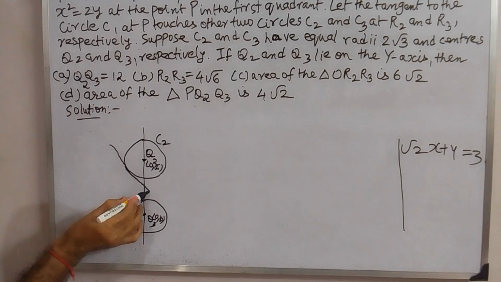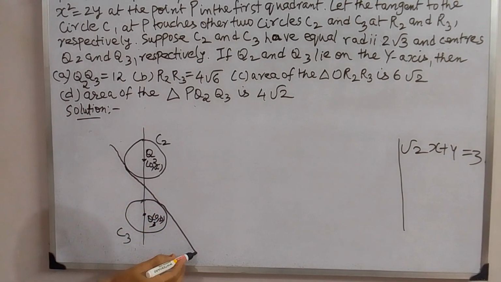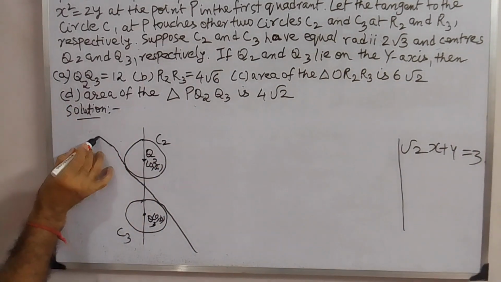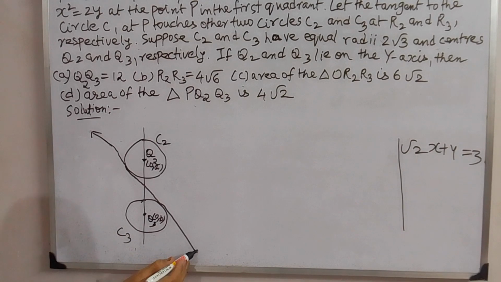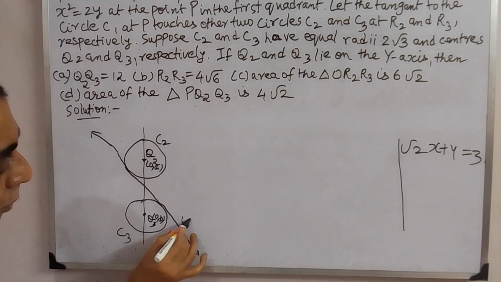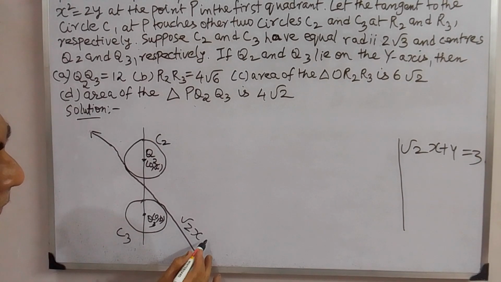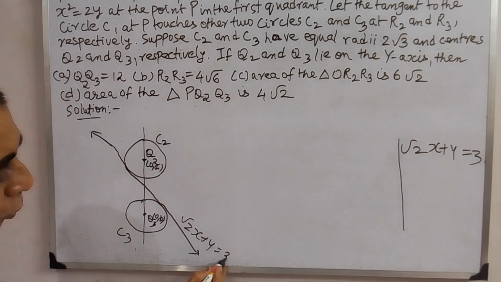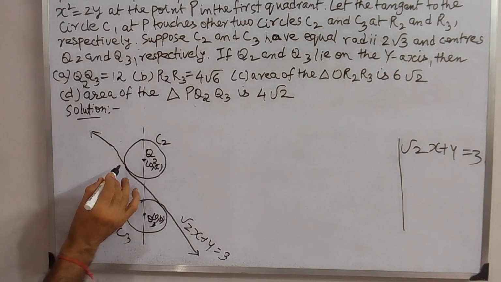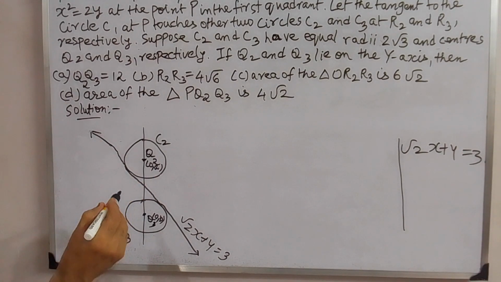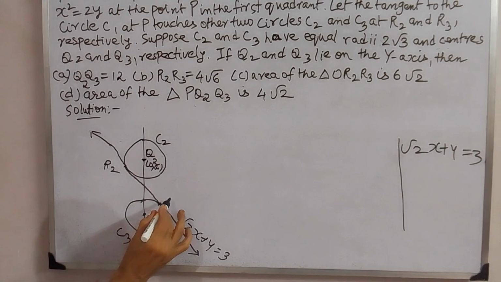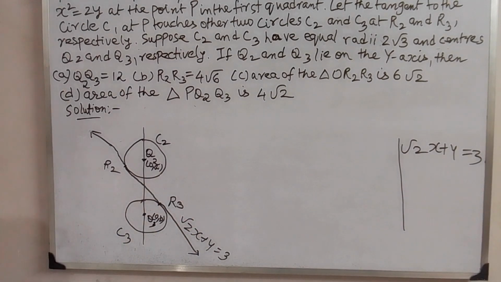Suppose this is the tangent, drawn through the point P. This equation we have already found out: root 2 x plus y equals 3. And this tangent is meeting these two circles at the points R2 and R3. So here it is R2 and here it is R3.